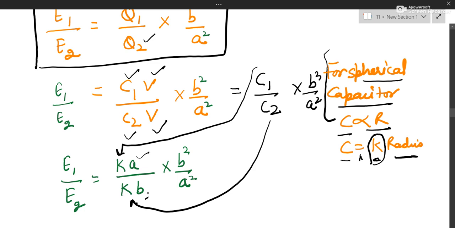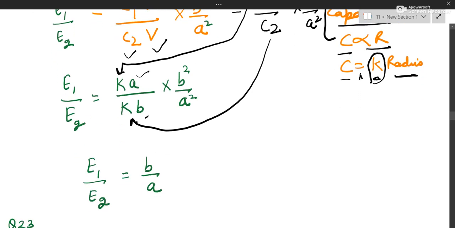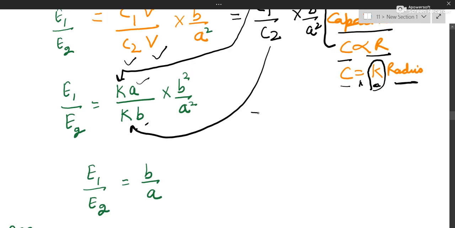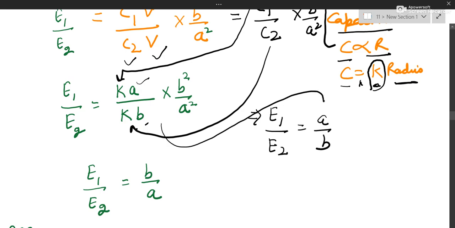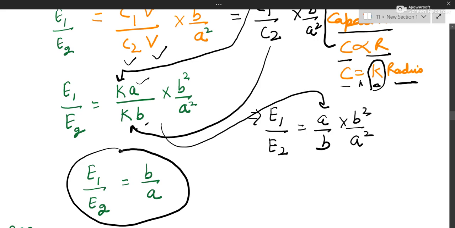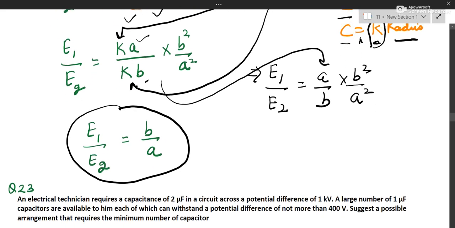Constant is cancelled, and electric field 1 divided by electric field 2 is equal to A by B into B square by A square. So one power is cancelled and the final formula is this. This is a very important question.